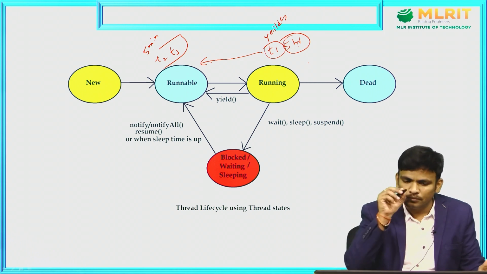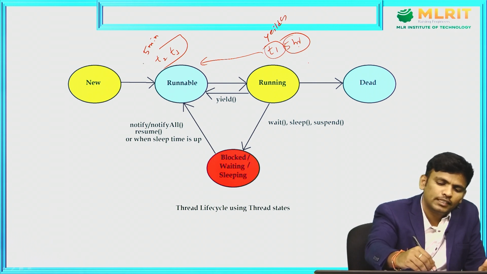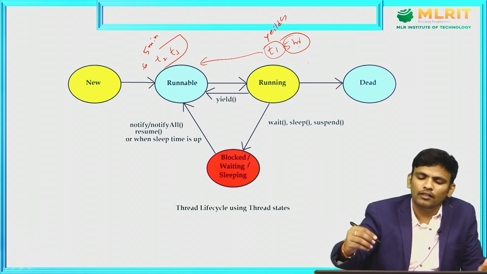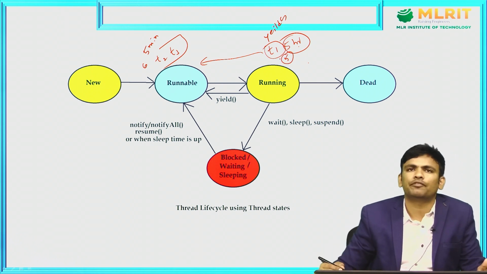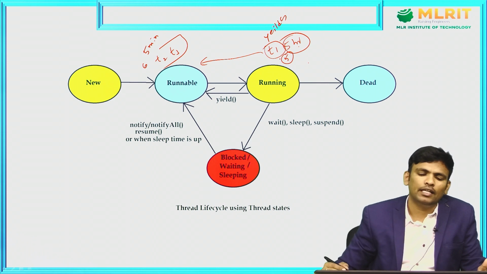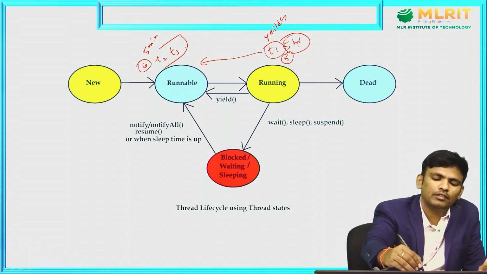Suppose T2 has priority 6, and T1 has priority 5. In the waiting state, T2 has priority 6 and T3 has priority 1.